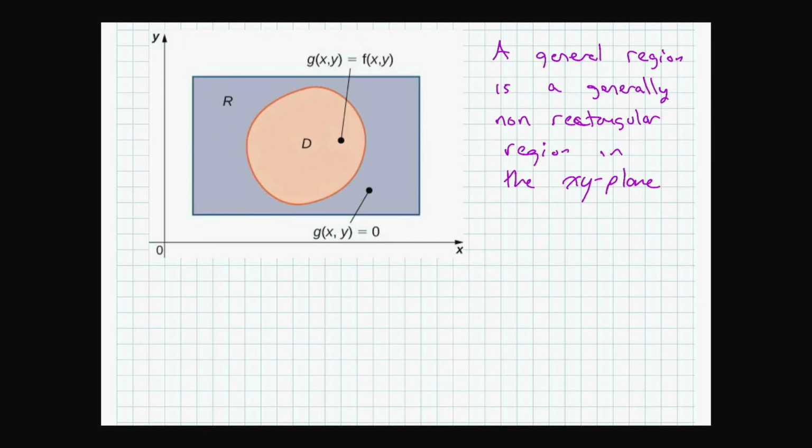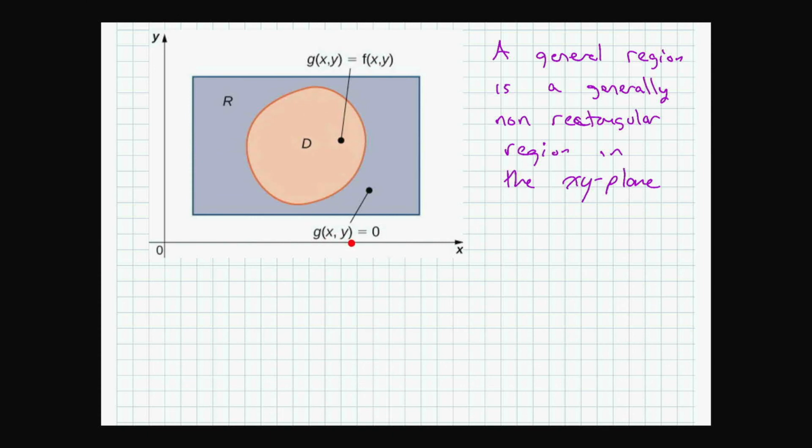But what they're doing here is they're saying you find a rectangle. And then you can define a function where inside a region your function g is f of xy, and outside of that region, g of xy equals 0.